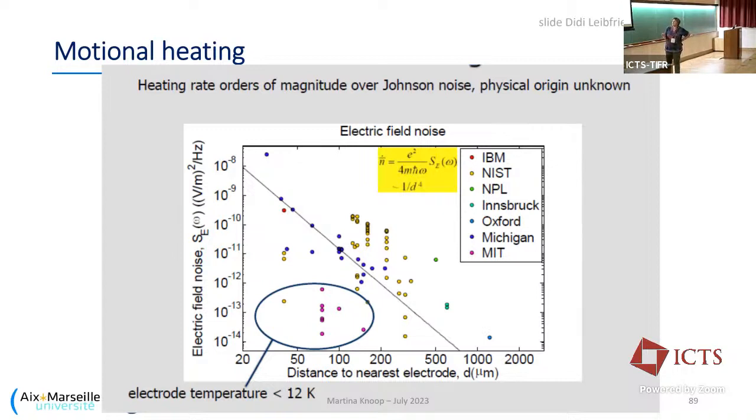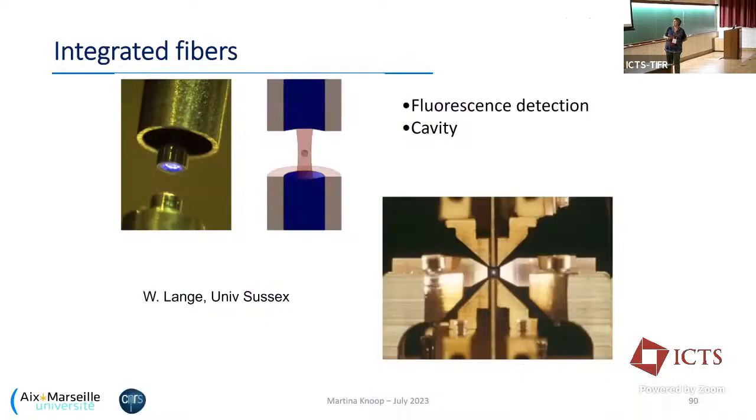So there is a larger effort of different people who put together data from different traps on different sites and different configurations in order to come closer to what might be the reason why there is this noise and to get over it.